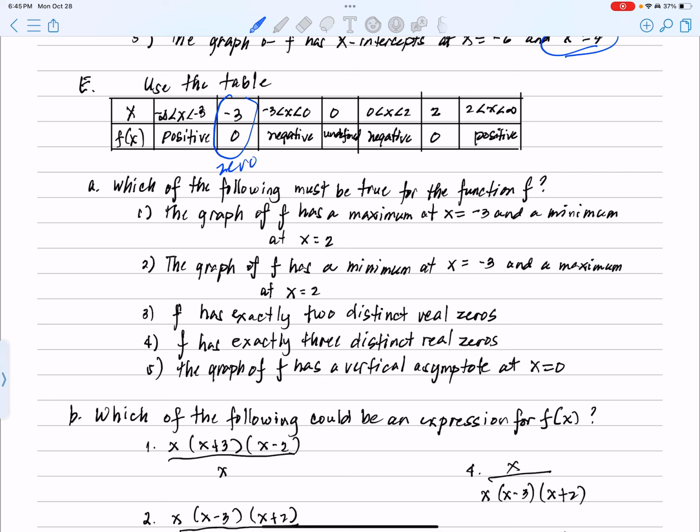This is undefined, and we have another 0 right here. When it's undefined, it might be a hole or a vertical asymptote.